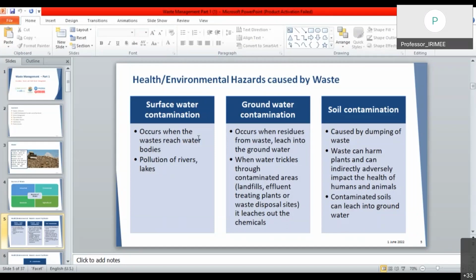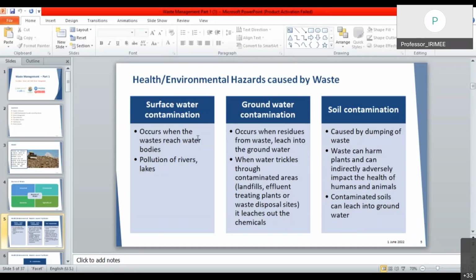Some portions of waste get dissolved and are carried away along with water to the water bodies, and the water bodies get contaminated, which causes hazards to the users of the water from those water bodies, or the organisms which are living in those water bodies.